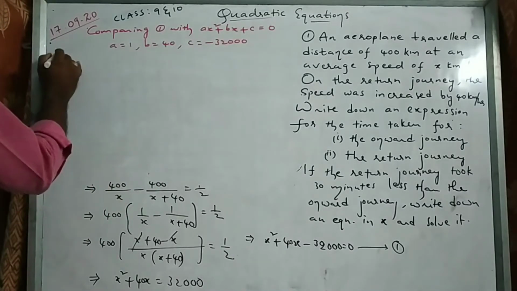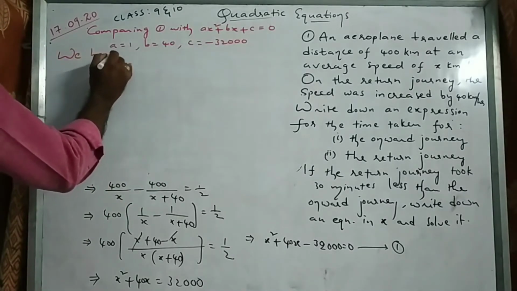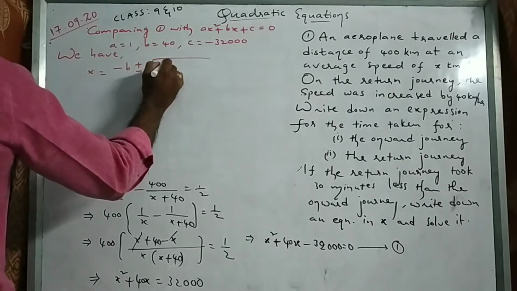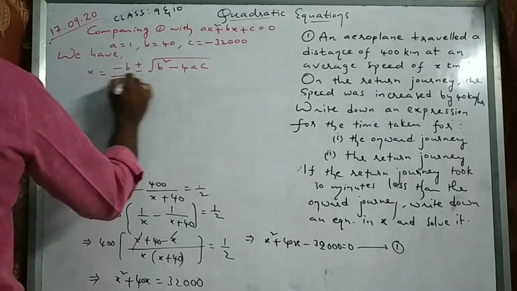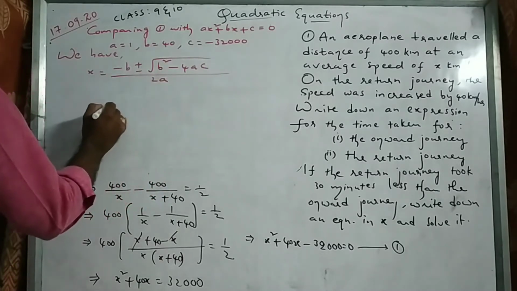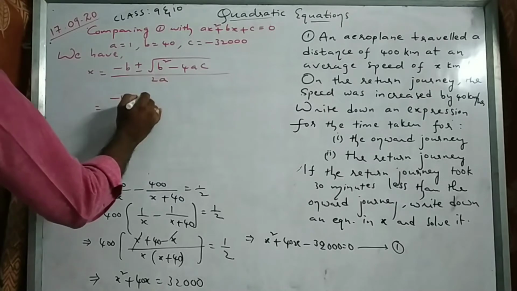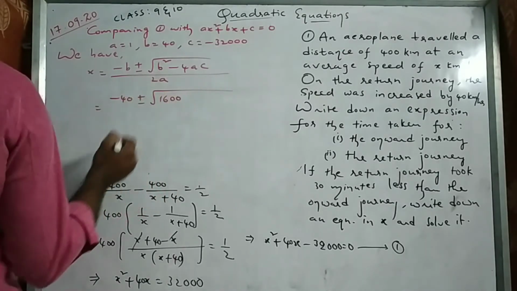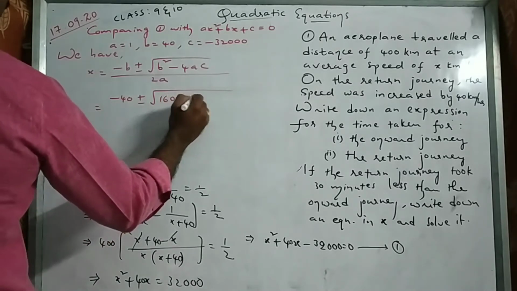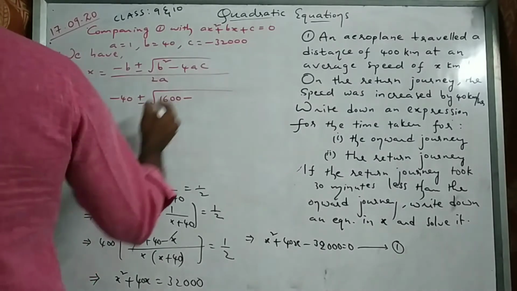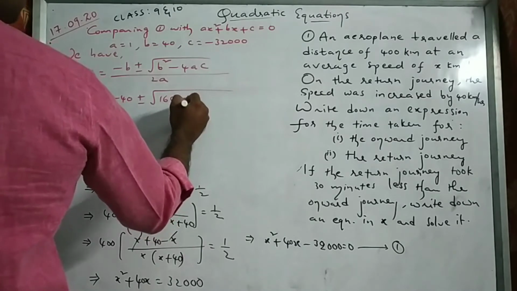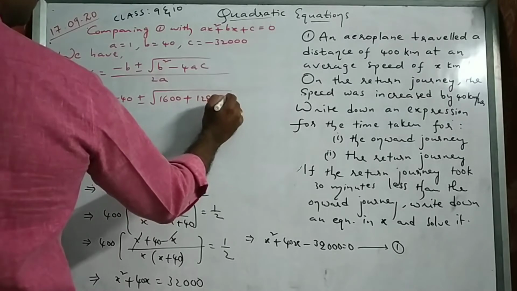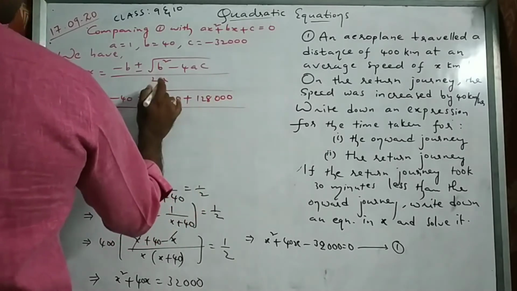So x equals minus 40 plus or minus square root of 1600, 40 squared means 1600, minus 4ac. Minus is already there, 4 2s are 8, 4 3s are 12, upon 2 into 1.